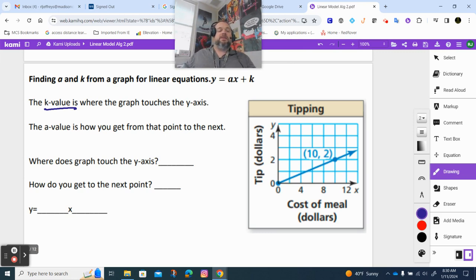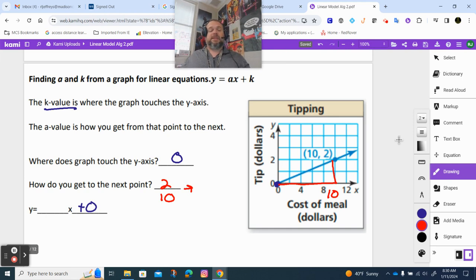So on this one, where does the graph touch the y-axis? 0. That is our K value. All right. To get to the next point, well, it looks like we went over 10 and up, kind of like slope, like a fraction.